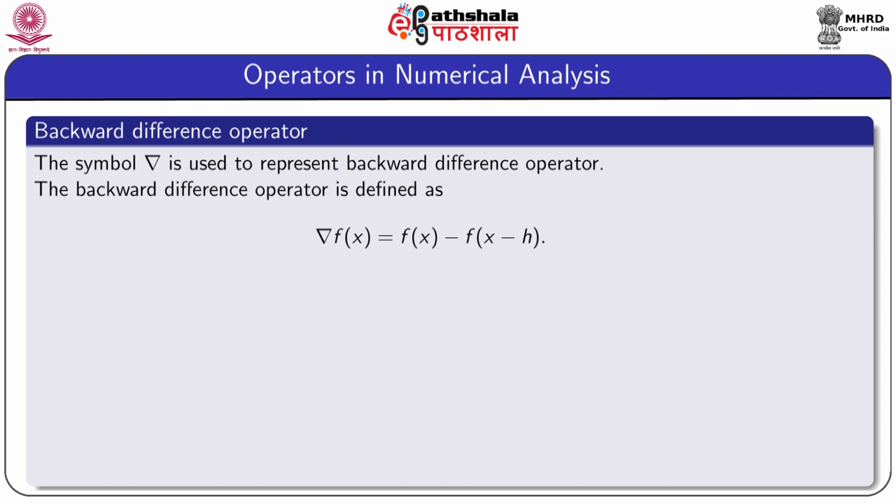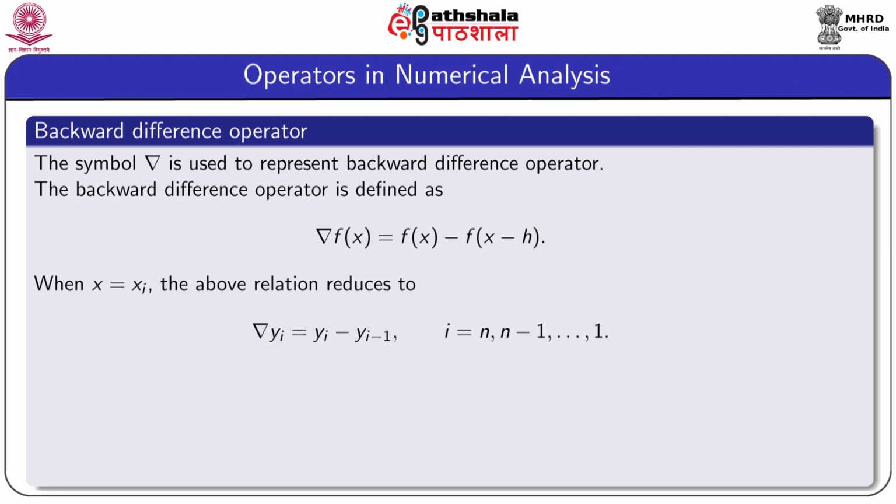Now, we define another important difference operator called the backward difference operator. The backward difference operator is denoted by the symbol nabla. The definition is nabla of f x equal to f x minus f of x minus h, and in terms of ordinate this equation reduces to nabla y i equal to y i minus y i minus 1.